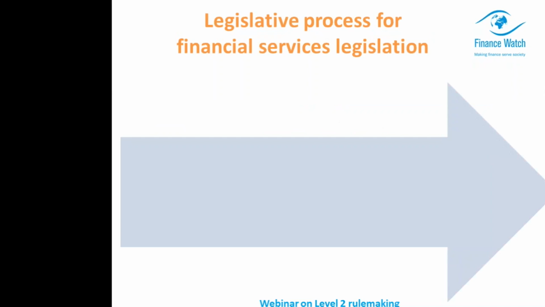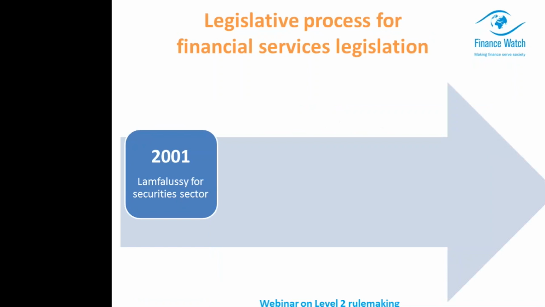So now, because Finance Watch is very concentrated on financial services and financial legislation, I would like to give a brief overview of how financial services legislation has been shaped.